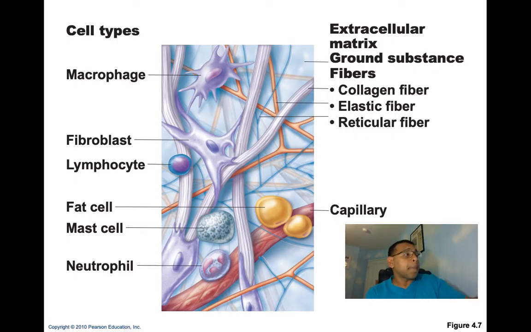Now when we talk ground substance, it is basically this backdrop. Ground substance is an unstructured material. This ground substance fills the space between the cells, and it contains the fibers.